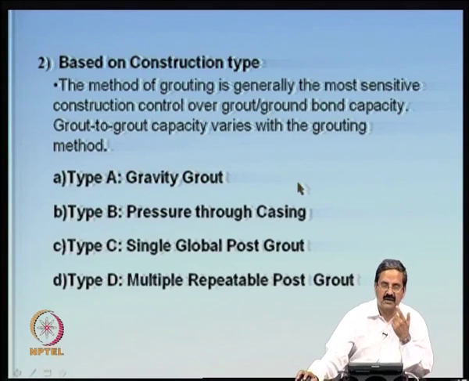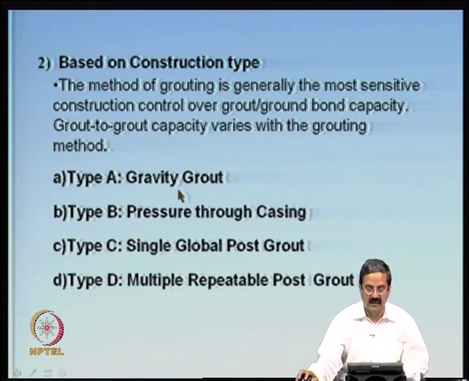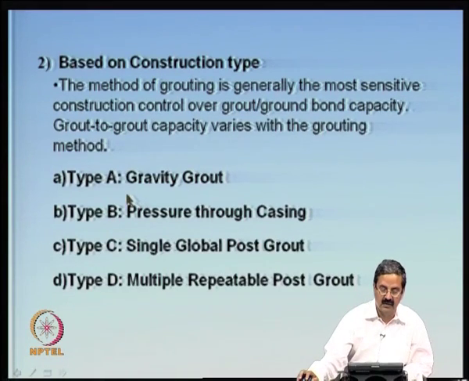So, this is based on the design. Then we have it based on the construction type. The method of grouting is generally very sensitive to construction control, and the ground bond capacity should be very good, and the grout-to-grout resistance depends on the grouting method.